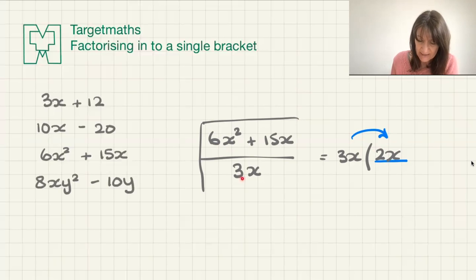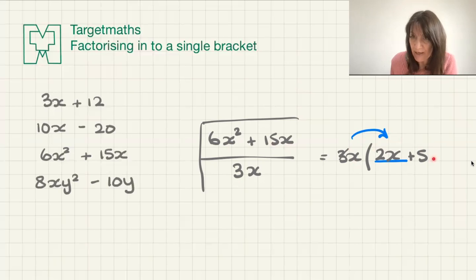Okay, so next part. How many 3s can I get into 15? 3s into 15 go 5. It's a positive 5 because it's a positive 15. And now I'm going to be thinking about what this gives me. I've got 3 times 5 is 15. I've got 1x here on the outside. I only want 1x.